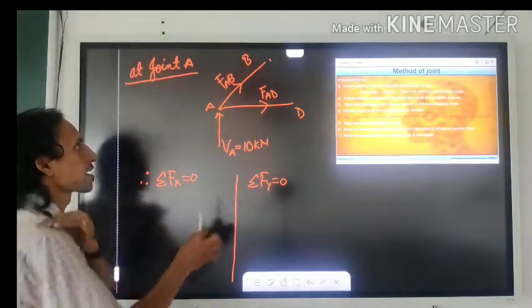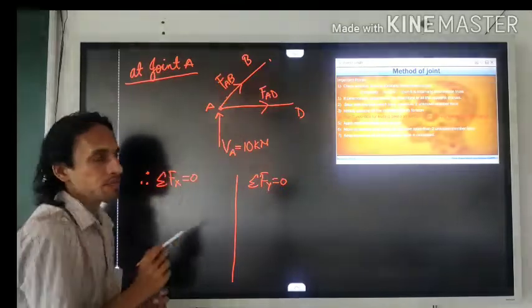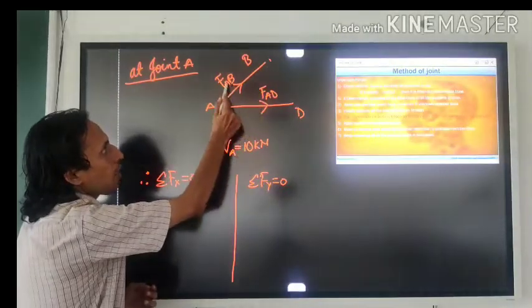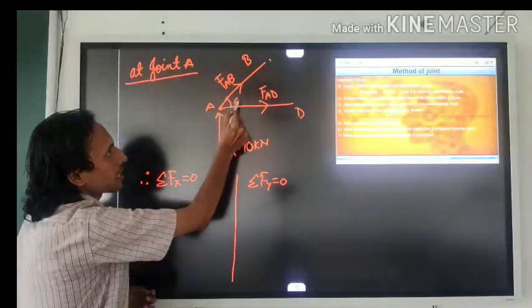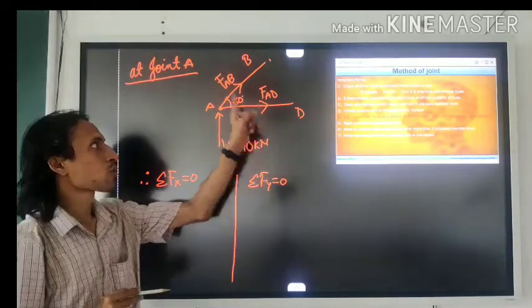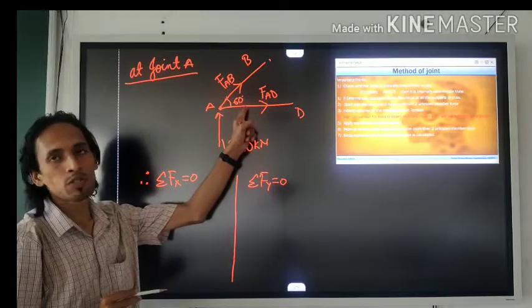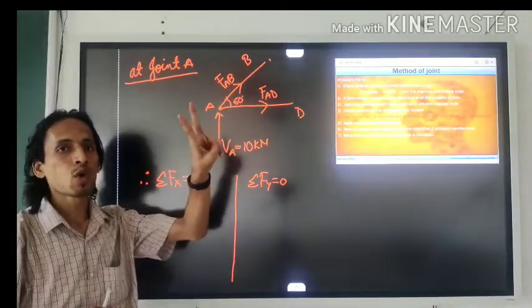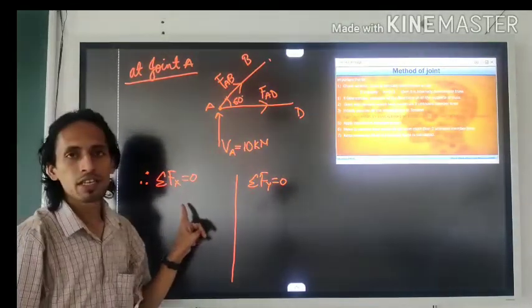Force AD, and the component of FAB will also be in the x direction. So there will be two unknowns in this equation.